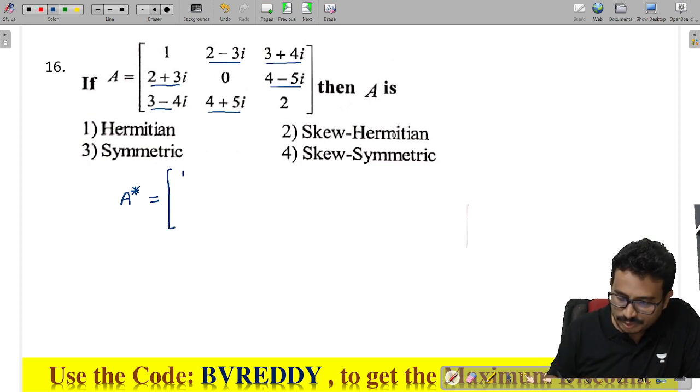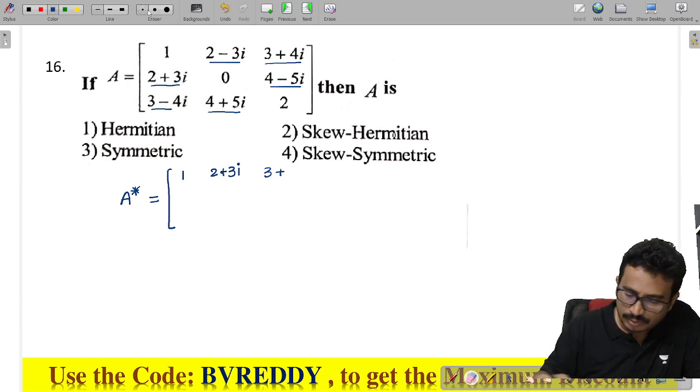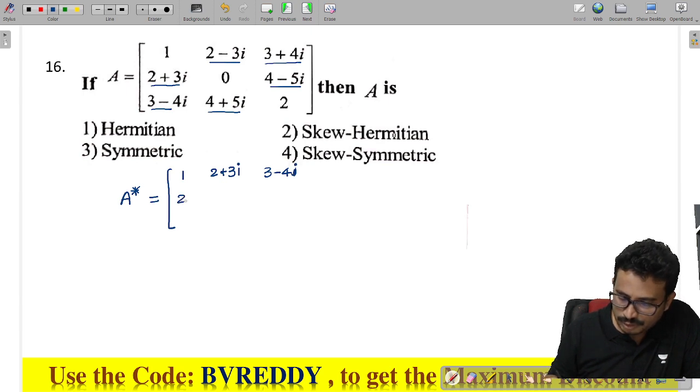The complex conjugate: so that is 1, 2 minus 3i, 3 plus 4i, then 2 plus 3i, 0, 4 minus 5i, and 3 minus 4i, 4 plus 5i, and 2.